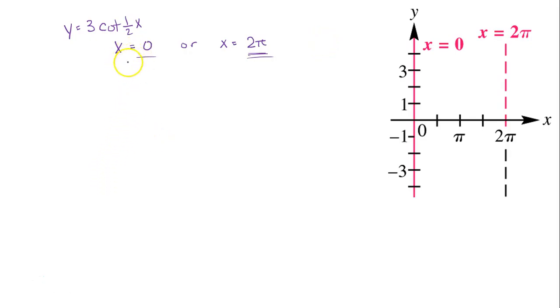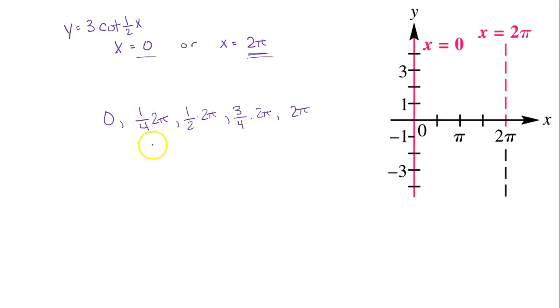We split from 0 to another value up into 4 equal parts by doing this thing right here. So we'll take 1/4 of this value, 2 pi, then 1/2 of it, and then 3/4 of it, and then you're back at your 1 full period right there.